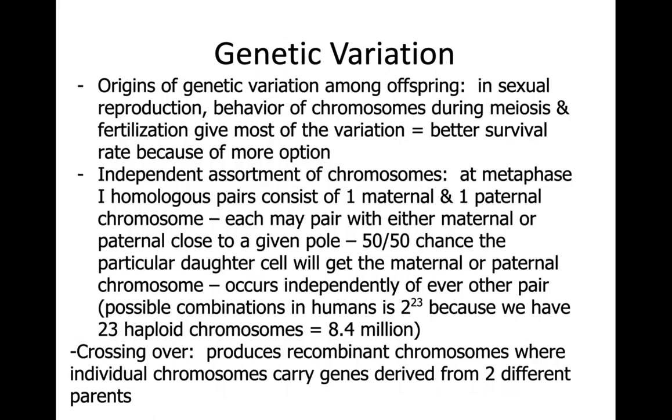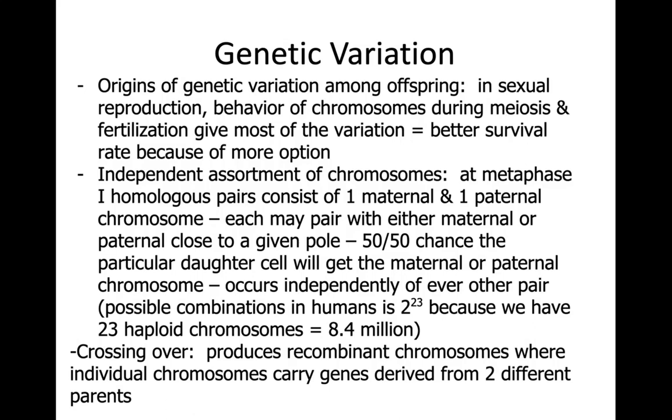So at metaphase I, your homologous pairs are going to have 1 maternal and 1 paternal chromosome. So each may pair with either a maternal or a paternal close to a given pole. You basically have a 50-50 chance that a particular cell will get the maternal chromosome or the paternal chromosome.